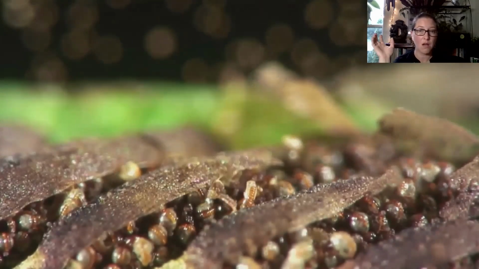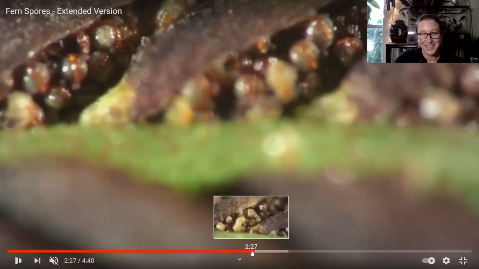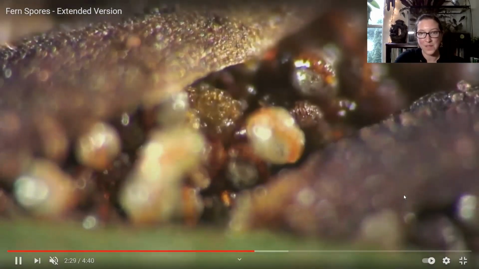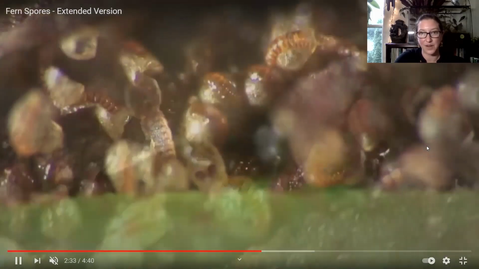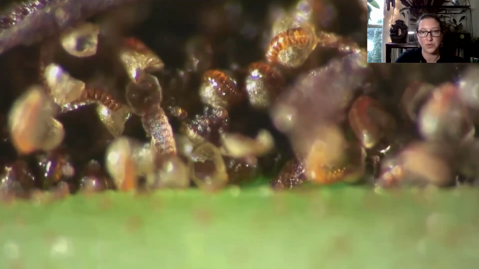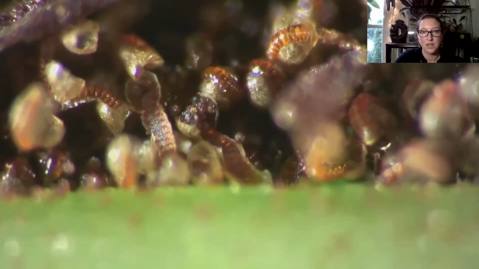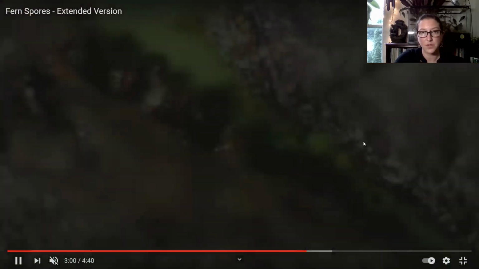Look. Oh, catapult. Boom. So, yeah, it gets even closer. That shows the annulus very clearly. Here's a sporangium that's starting to go. It's going to shoot the spores. Boom. Yeah, so you get the idea.